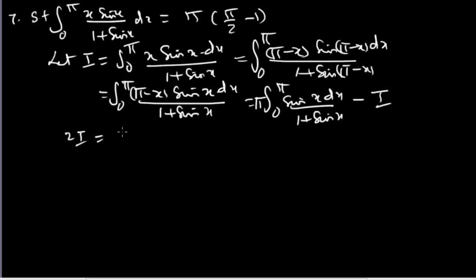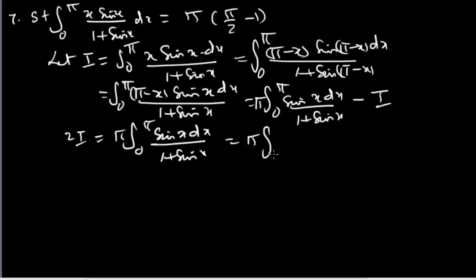So 2I minus I you bring here: 2I is equal to pi into integral 0 to pi sin x dx by 1 plus sin x. Now this problem, multiply numerator by the conjugate of the denominator. There are two methods; add 1, subtract 1 we have already done. Now what we do? Integral 0 to pi sin x into 1 minus sin x into dx.